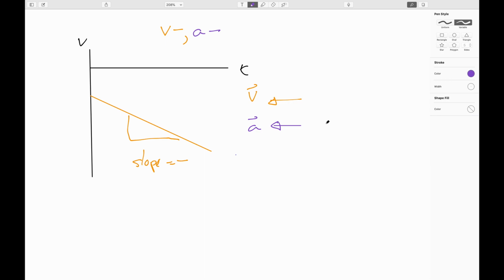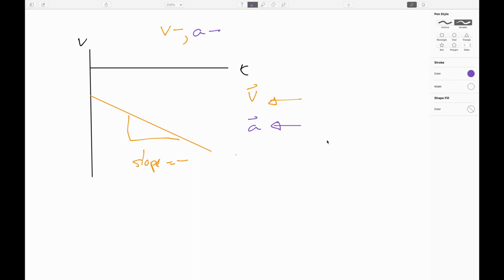And if the acceleration were negative, that means the velocity is becoming more negative. That could either be big positive numbers becoming smaller positive numbers, or small negative numbers becoming bigger negative numbers. So that's how I usually try to keep that straight.